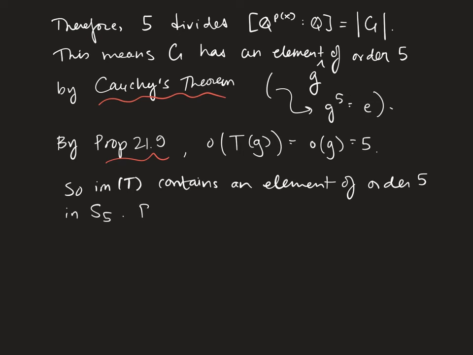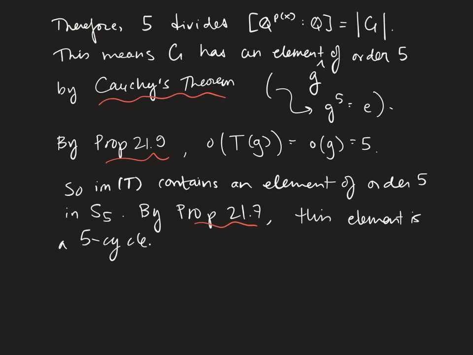By proposition 21.7, this element is a 5 cycle. Okay, so at this point we know that the image of T contains a 5 cycle.